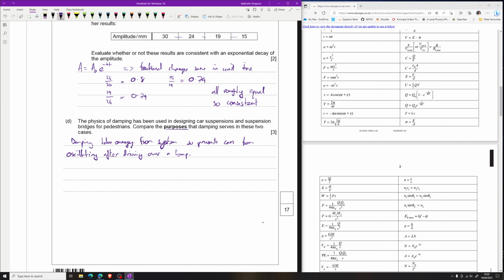Whereas in a bridge, I'm sure everybody's seen the video of Tacoma Narrows, the bridge that collapsed. Bridge damping famously is put in place so that the bridge doesn't experience resonance. So in bridges, it's there to, again, remove energy, and it lowers the amplitude of the swaying.